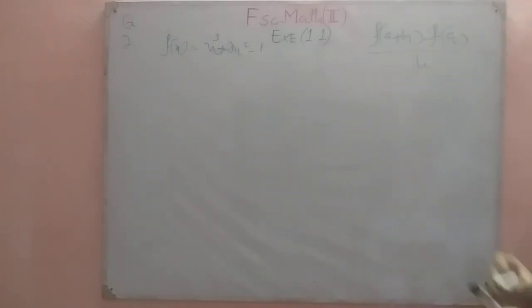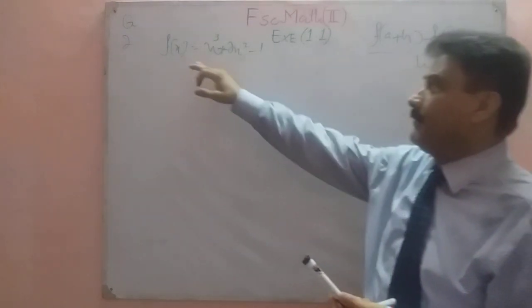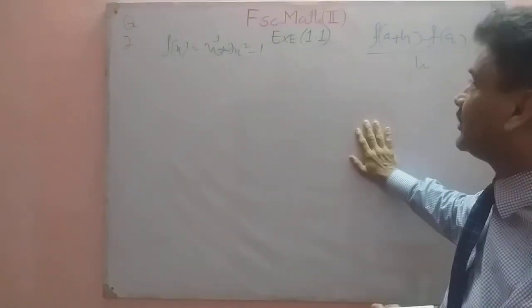We have to find the value of this whole expression by the given function f(x) = x^3 + 2x^2 - 1.